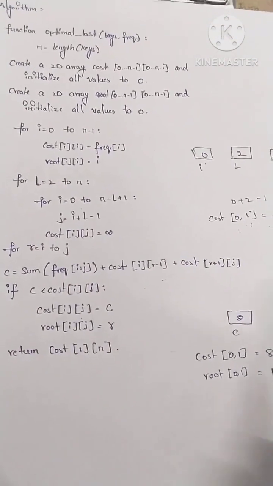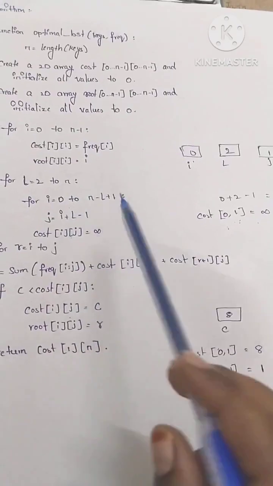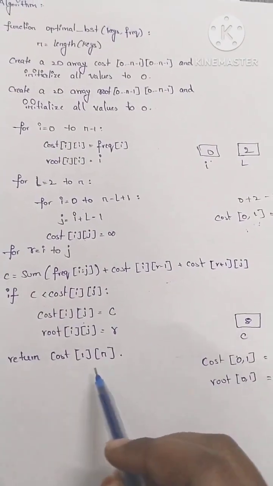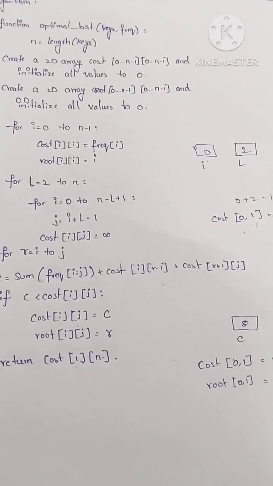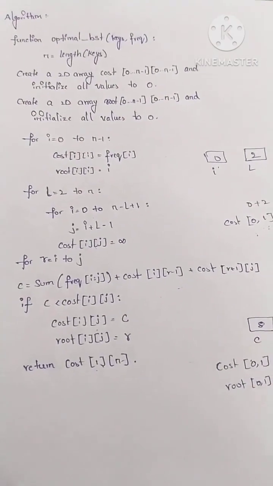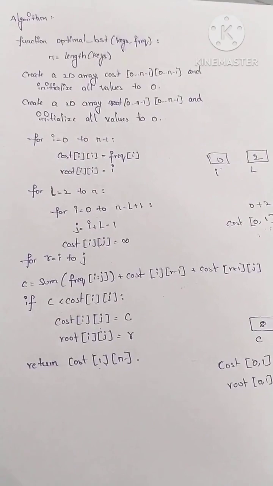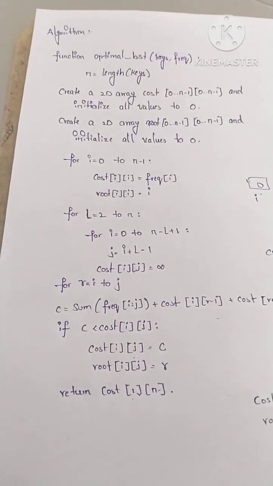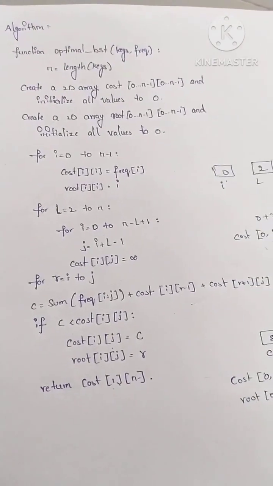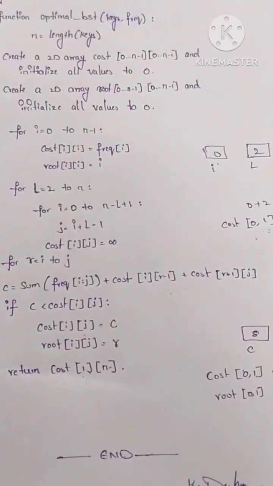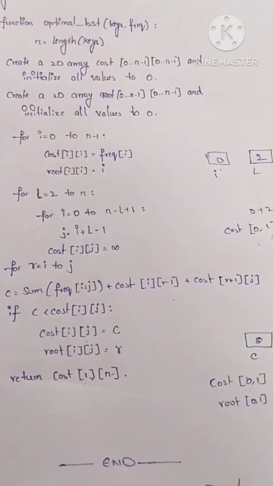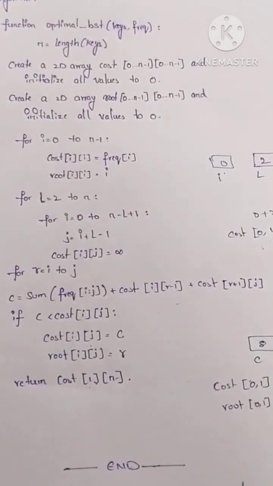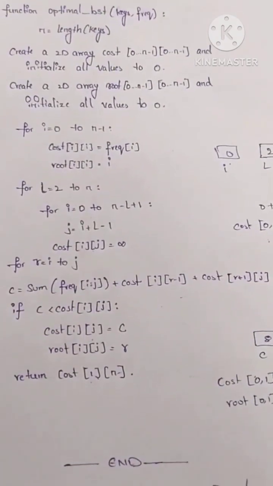We'll repeat this until n value and we'll get the cost of 1 comma n. From this we'll get the minimum total cost of a binary search tree. This is the algorithm for optimal binary search tree. So this is the approach of dynamic programming, and we have solved one of the problems using dynamic programming now. So that's all in this video.